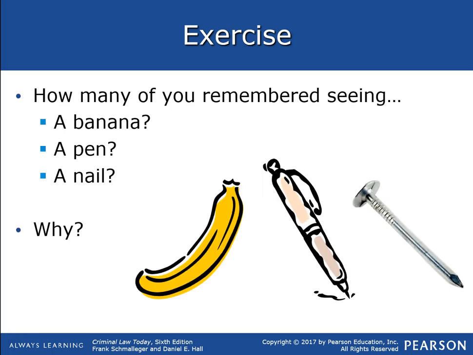But how many of you remembered seeing a banana, a pin, or a nail? Now, some of you didn't write these in your list, and some of you did. Does anybody know why? The answer is at the very beginning, if you remember, I kind of force-fed you a couple of things to jog your memory or to make you think.